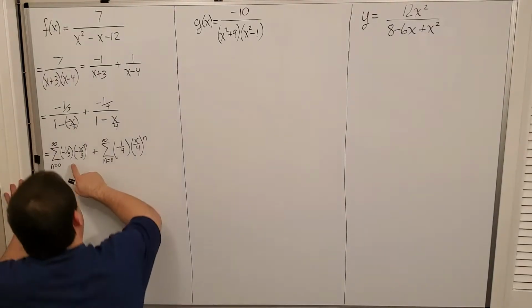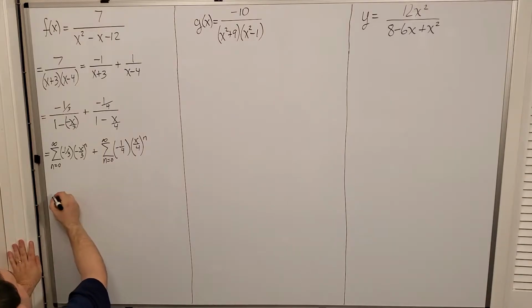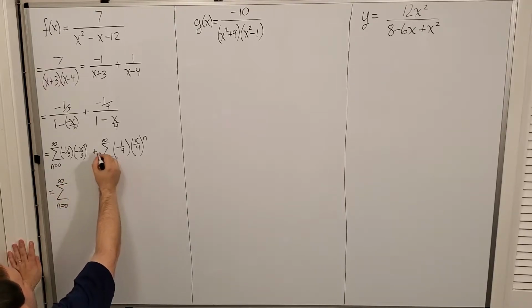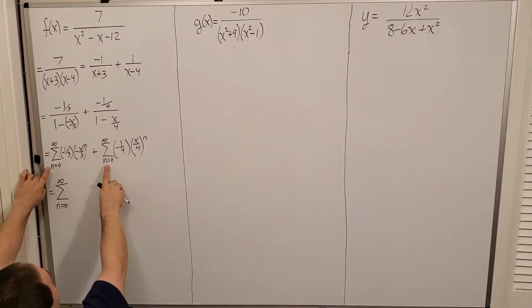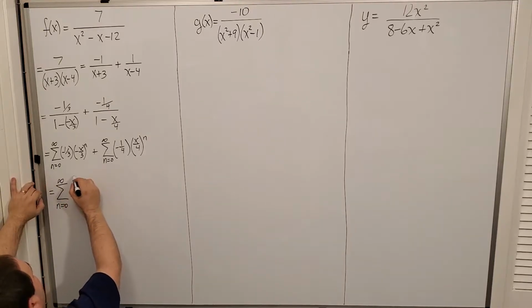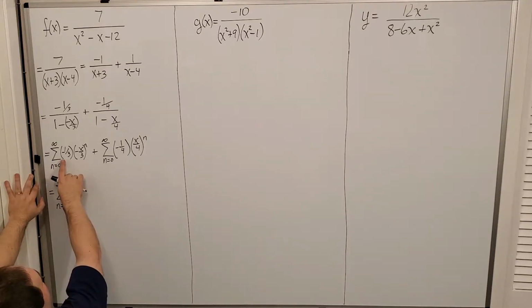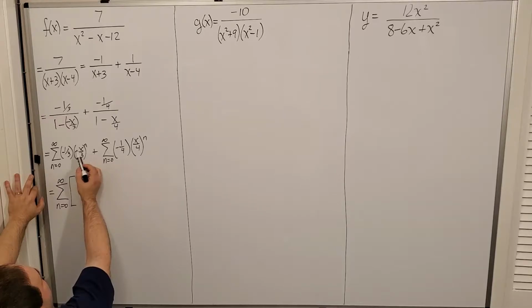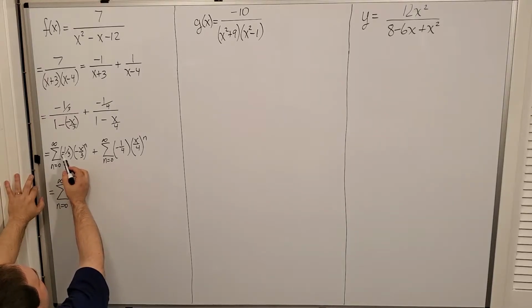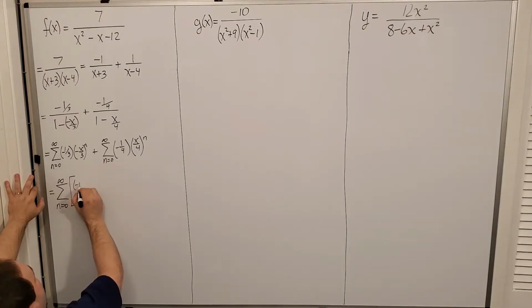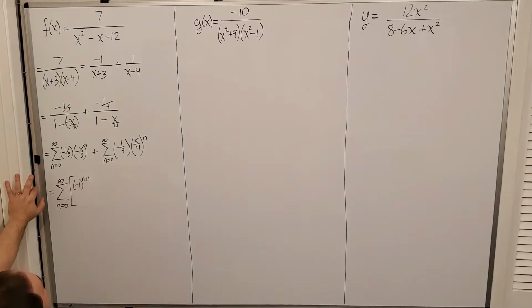So I'm going to rearrange the terms here, and I'm going to get one big sigma going now. Since this is addition right here, I'm just going to merge these together with one single sigma right here. My first one has a negative 1 to the n, and then I've got an extra, so I've got negative 1 to the n plus 1 there. Okay?